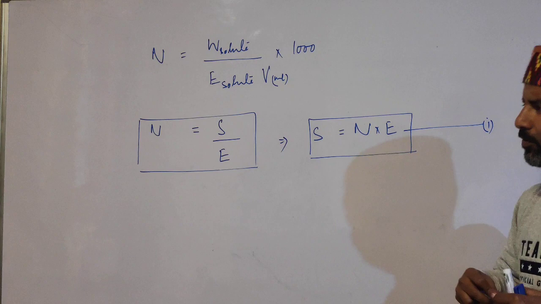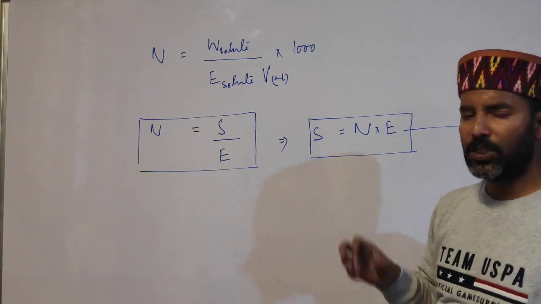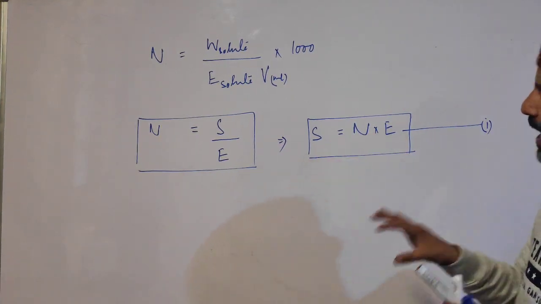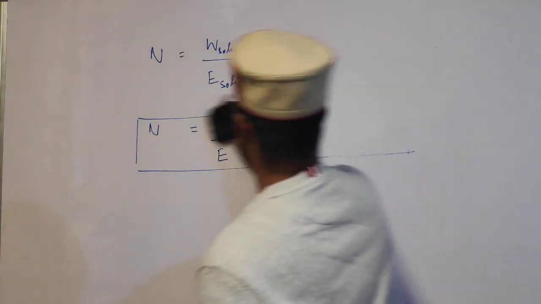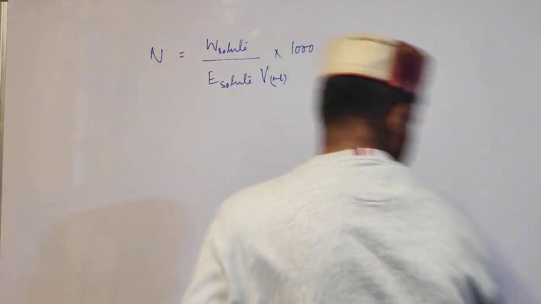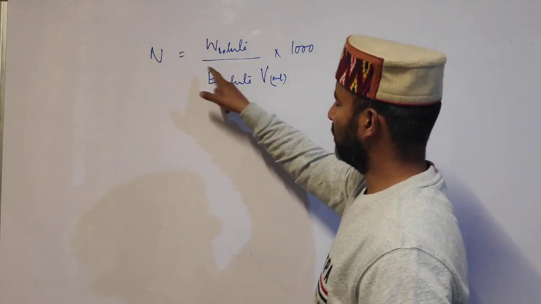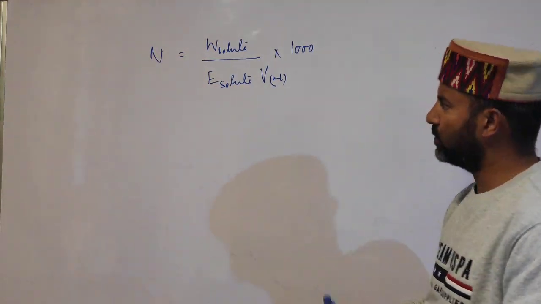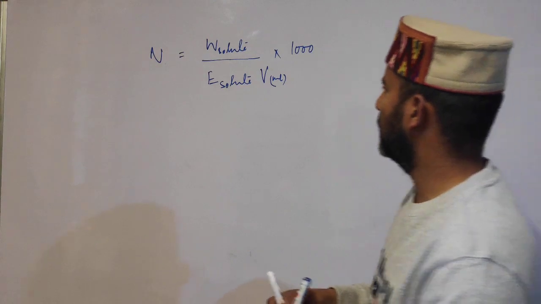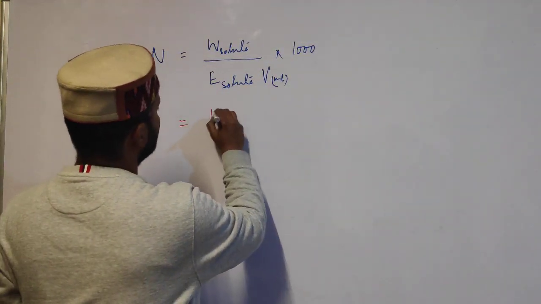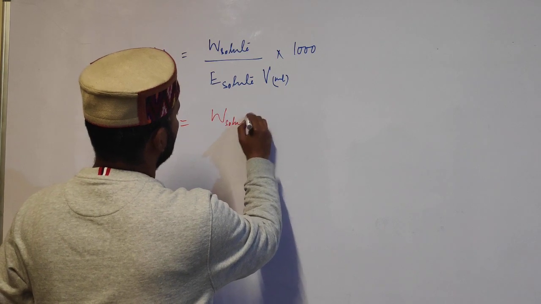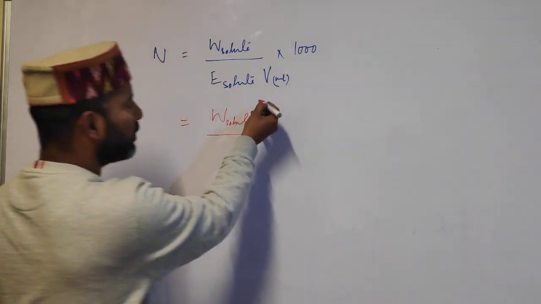Now students, we will establish a relationship between normality and molarity. Normality is weight of solute divided by equivalent weight of solute, volume, and then multiplied with 1000. Now what is the equivalent weight of solute?